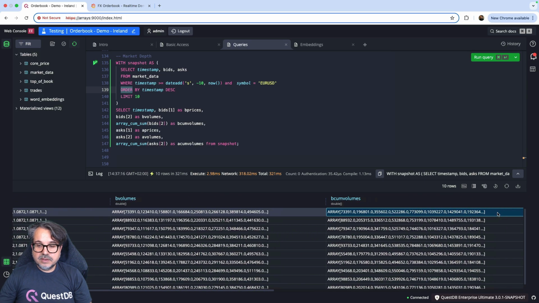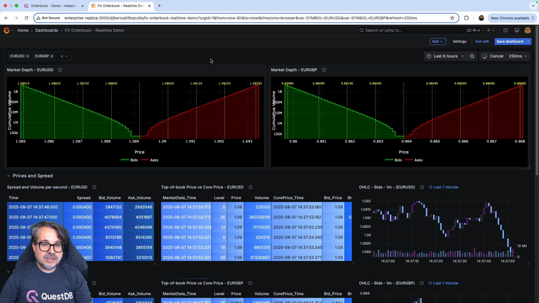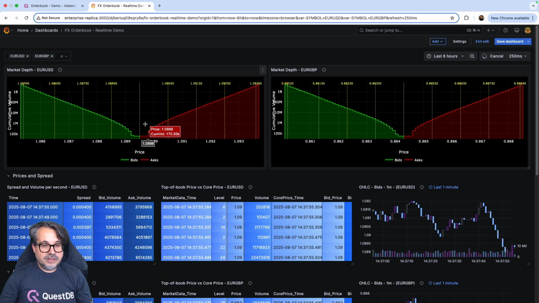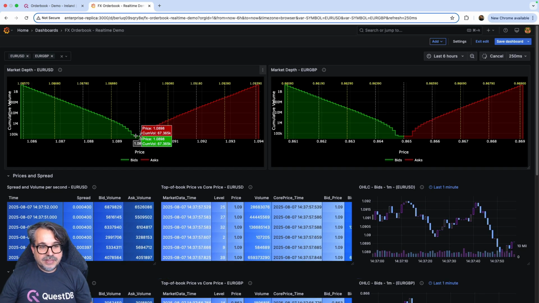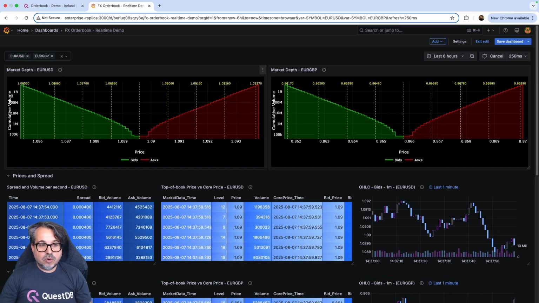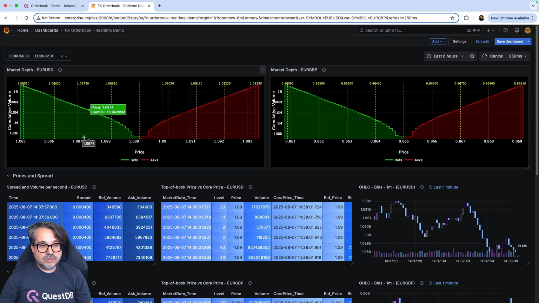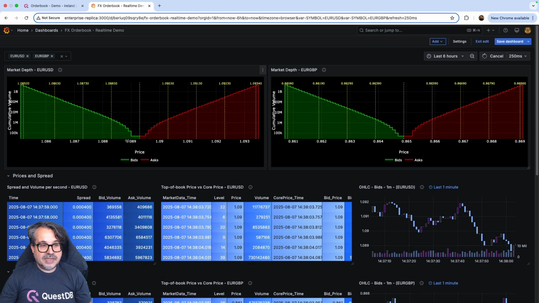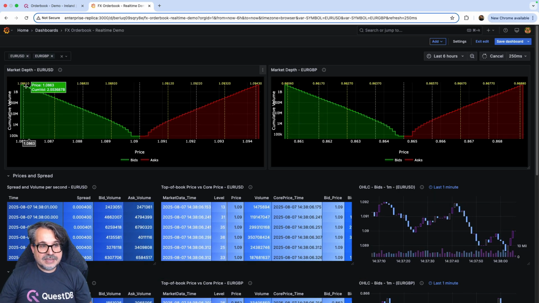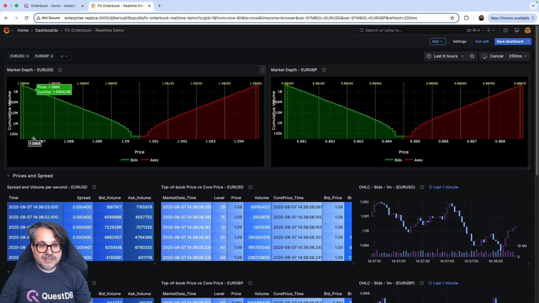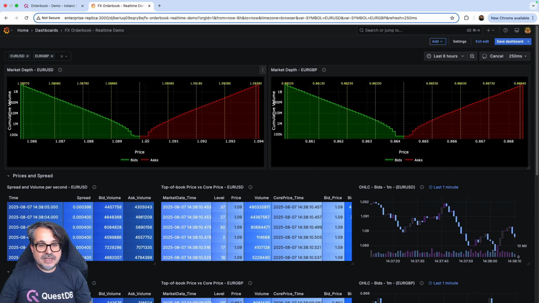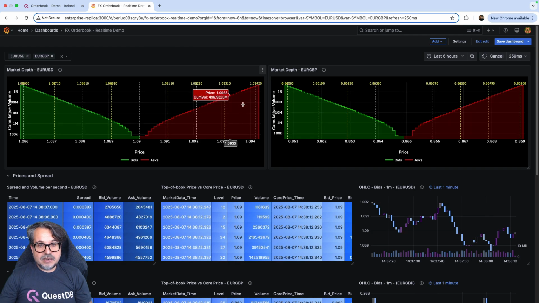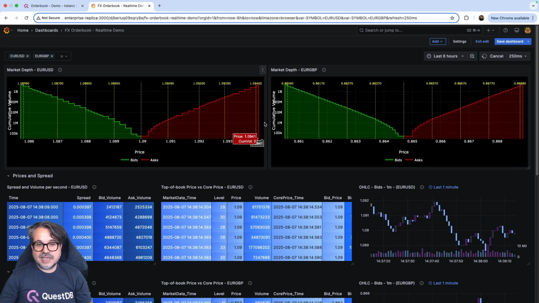Once you have this, you can represent a chart like this one. This chart is representing the cumulative volume growing at different price levels. As price gets lower, I'm getting higher cumulative volume on the bid side. As price gets higher, I'm getting more cumulative volume on the ask side.